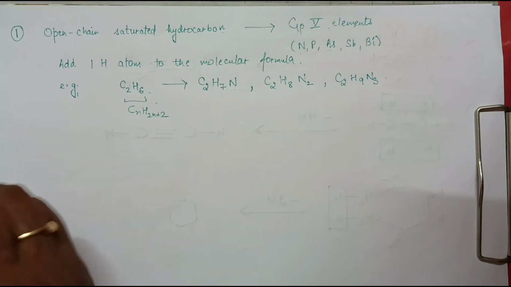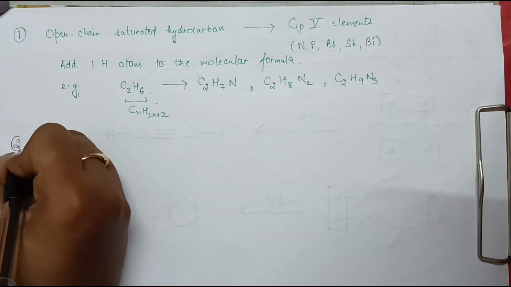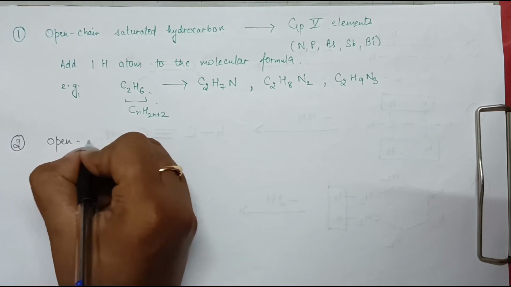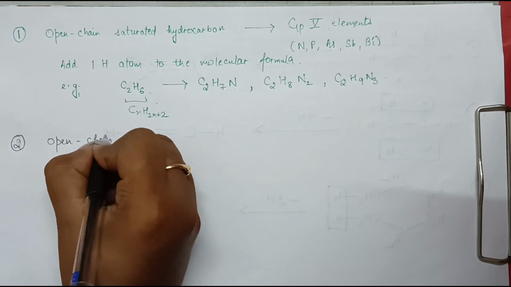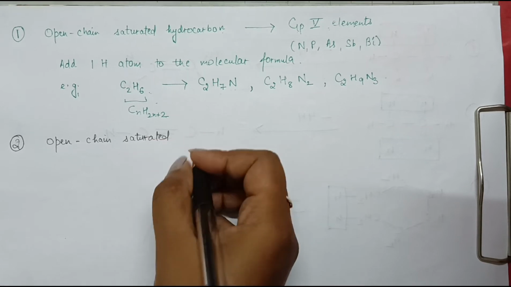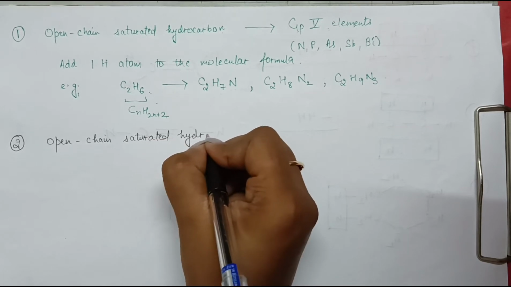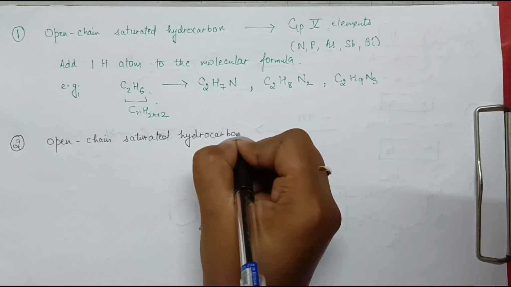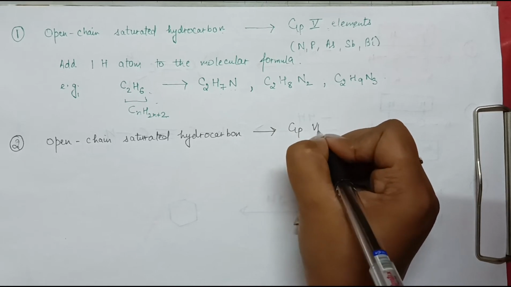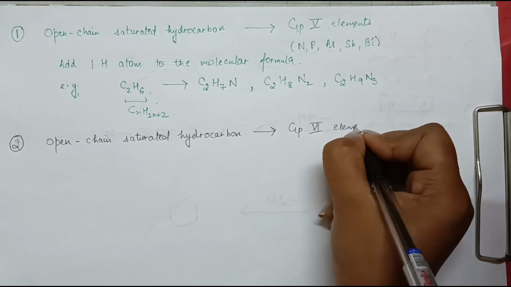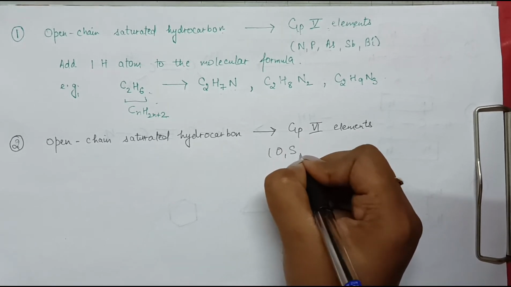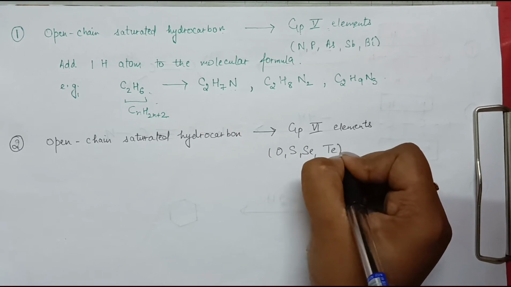Now moving to rule number 2, that is if we have an open chain saturated hydrocarbon and we want to add a group 6 element. So group 6 elements are oxygen, sulfur, selenium, tellurium.